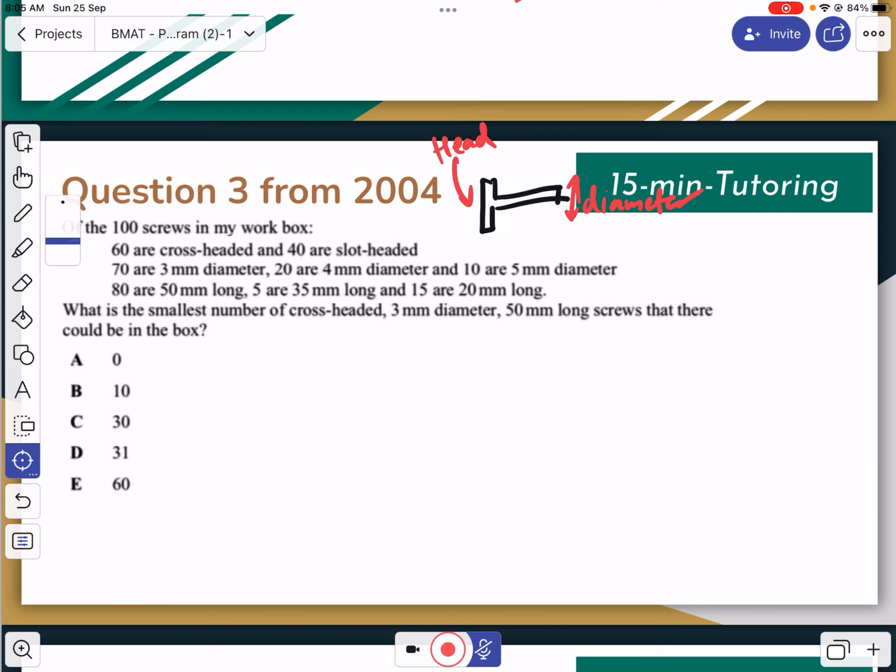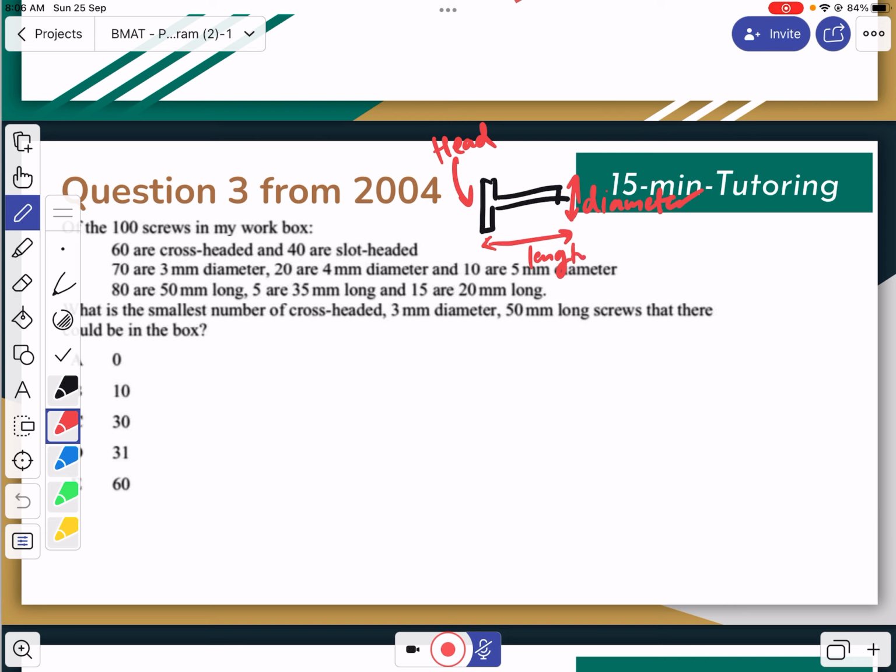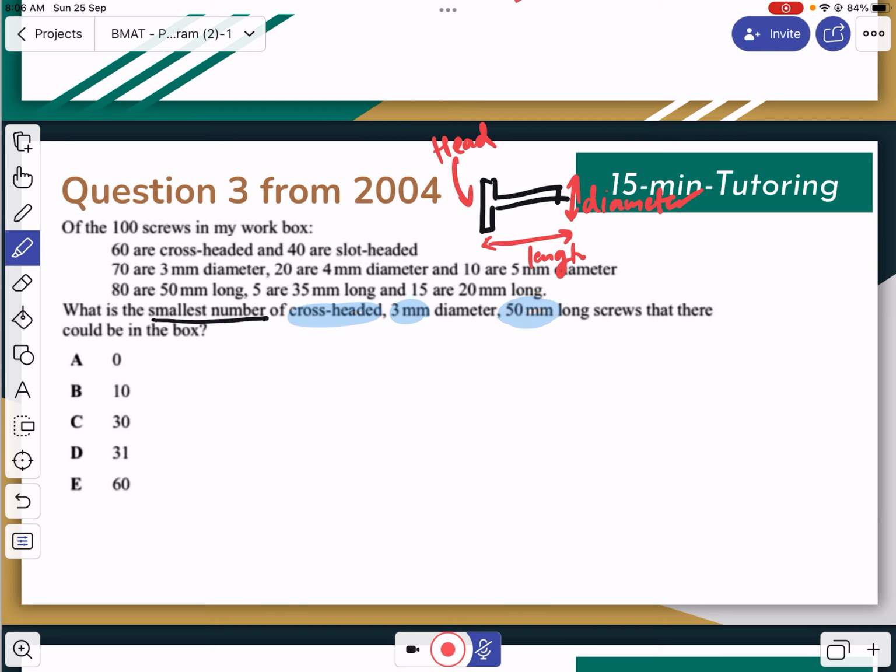And finally, on the third line, we have length. So every single screw will have 3 characteristics: the head, the diameter, and length. And this question gives us the numbers of screws in each category. And they ask, what is the smallest number of cross-headed, 3 mm, and 50 mm?